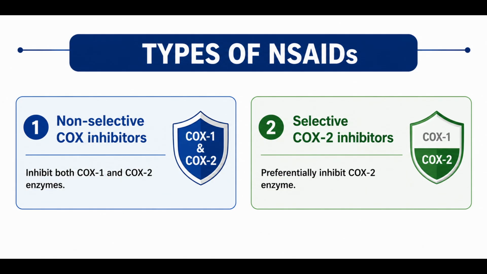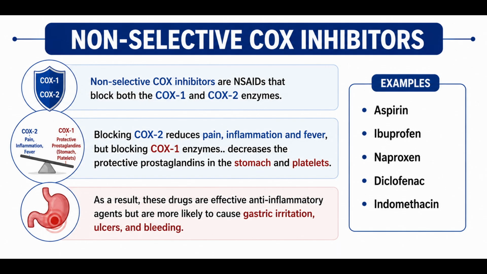Now, there are two types of NSAIDs, non-selective COX inhibitors and second, selective COX2 inhibitors. Non-selective COX inhibitors are NSAIDs that block both COX1 and COX2 enzymes.